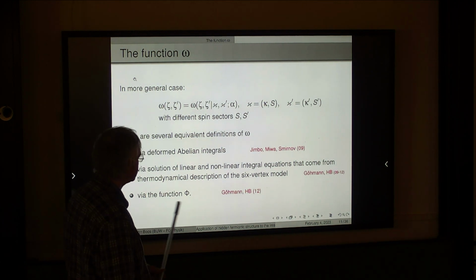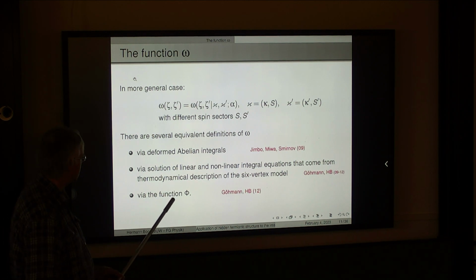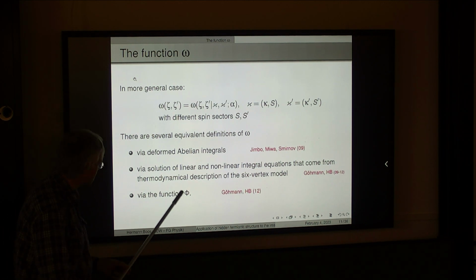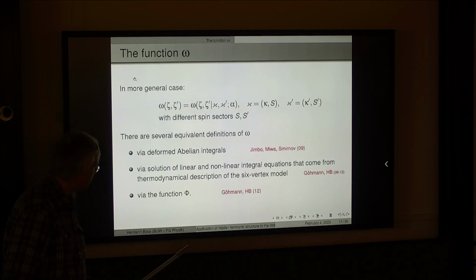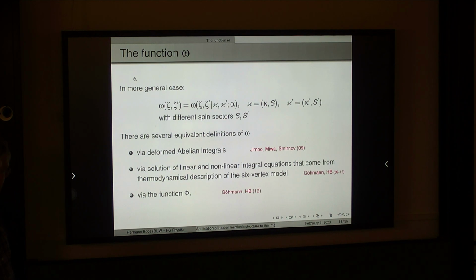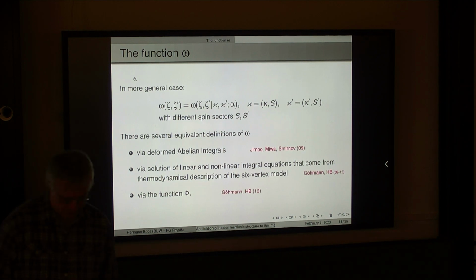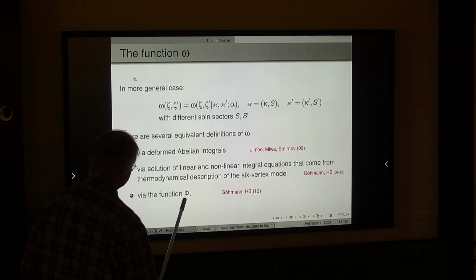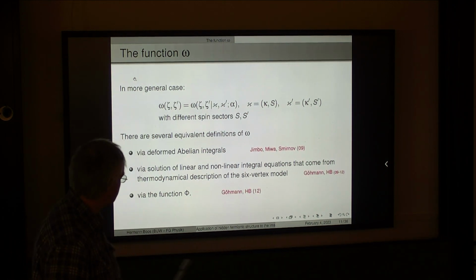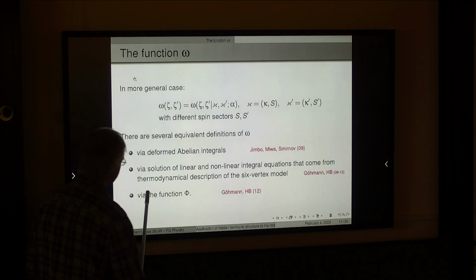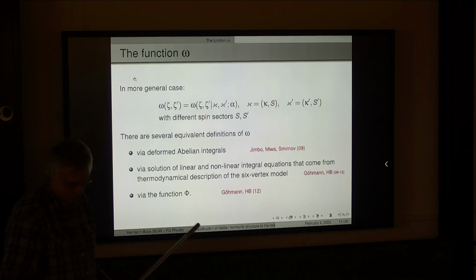That's why we suggested with Hermann some other definition via solution of linear and nonlinear integral equations that come from thermodynamical description of the 6-vertex model. And let me also mention the third way, the function phi, which we suggest with Frank around 2012 actually. And in some cases, this third formulation will be more convenient. I will call it phi formulation.